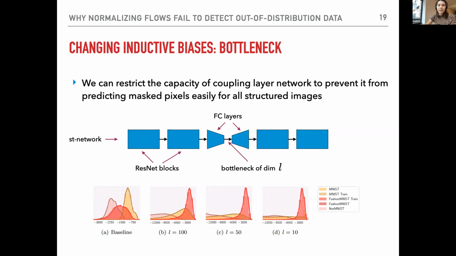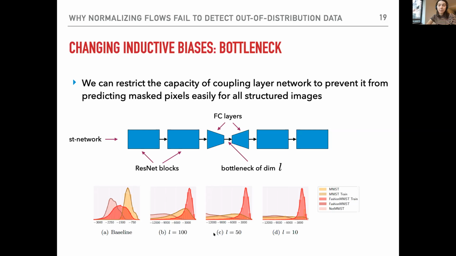This way it cannot simply predict the masked pixels that are similar to the observed pixels, as that would require being able to reproduce pixels in the output. With the limited capacity, it has to learn something about the train data itself.